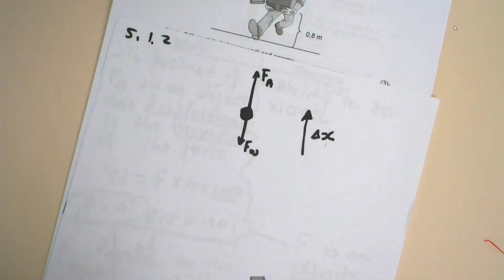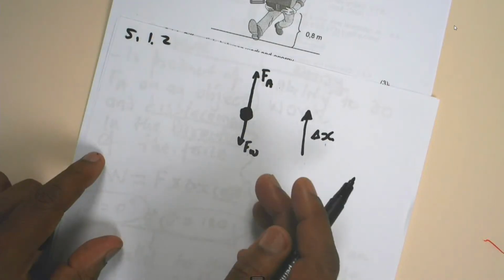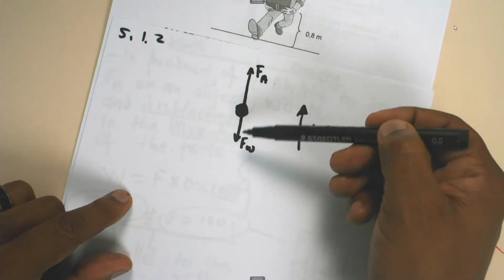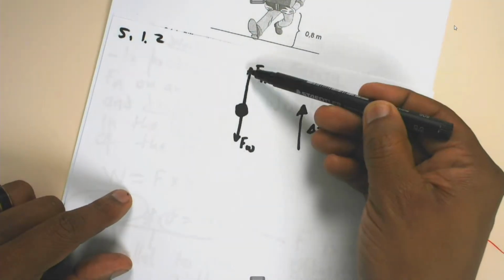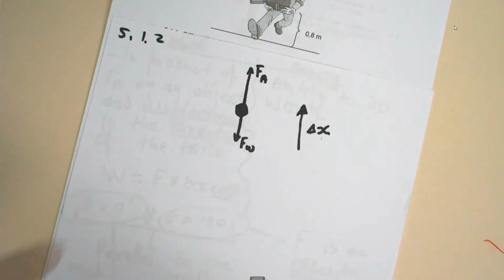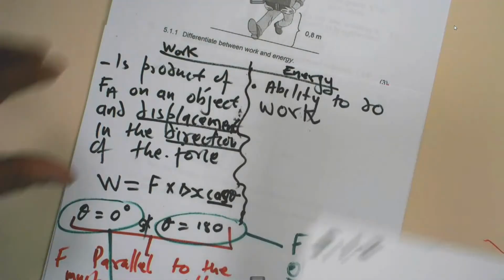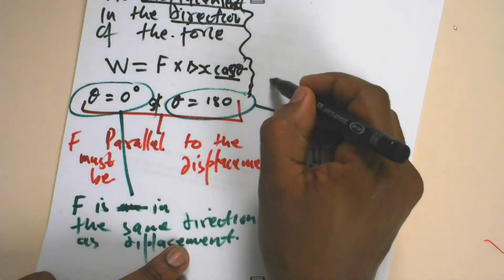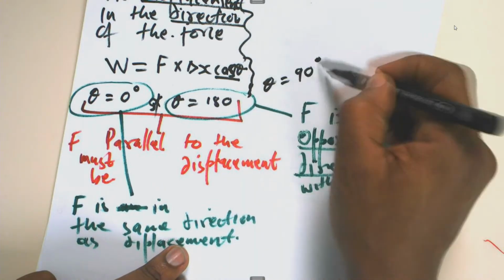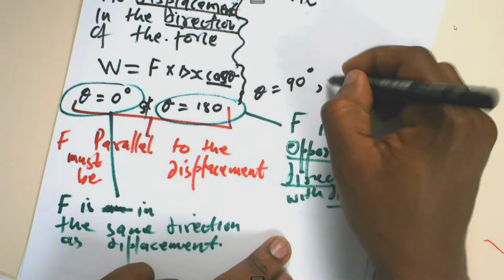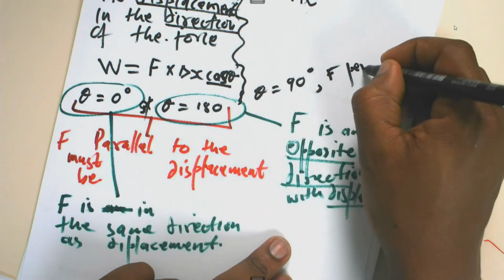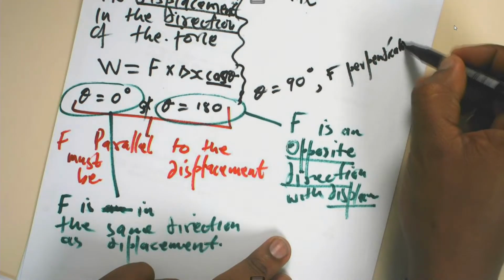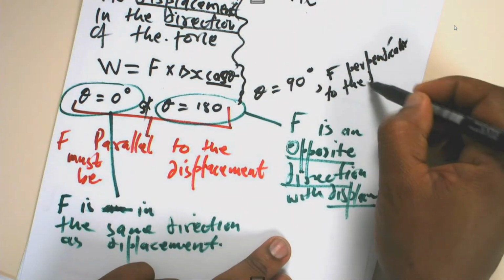So this assists me in terms of when do I have to use 180 and when do I have to use 90. Because we did say I can only use 90, maybe I should add it here also, when we have F perpendicular to the displacement.